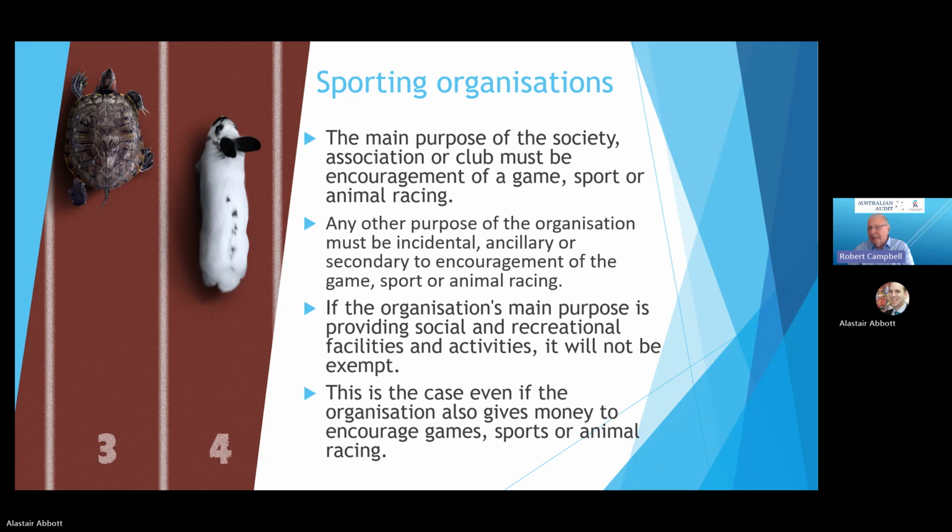If that's the case, and the ATO ask questions of the organisation, which they can do after lodging this form, then you'd have to point to other evidence of the history of your activities as a sporting organisation.